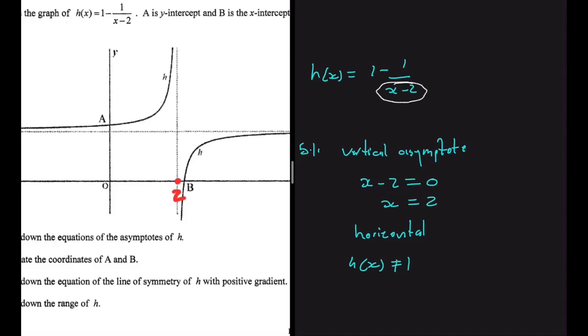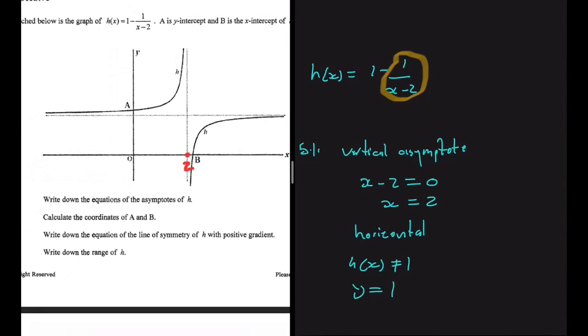Why am I saying h of x can never be equal to 1? Because for h of x to be equal to 1, we would need this part of the equation to be equal to 0, and we know fully well that that can never happen. So our horizontal asymptote will be y is equal to 1.